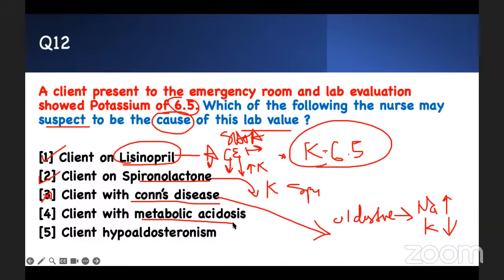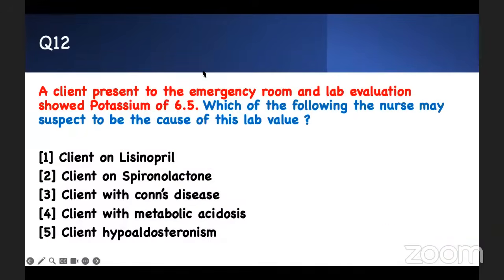Metabolic acidosis. Today, if you don't know this, I'll show you. This is the cell. There are two things you have to know: metabolic acidosis and metabolic alkalosis and their relationship to potassium. If this is the cell, when you have metabolic acidosis, that means you have a lot of acid here.